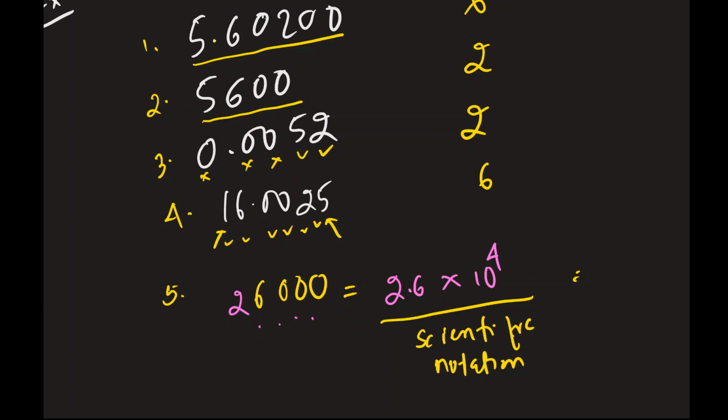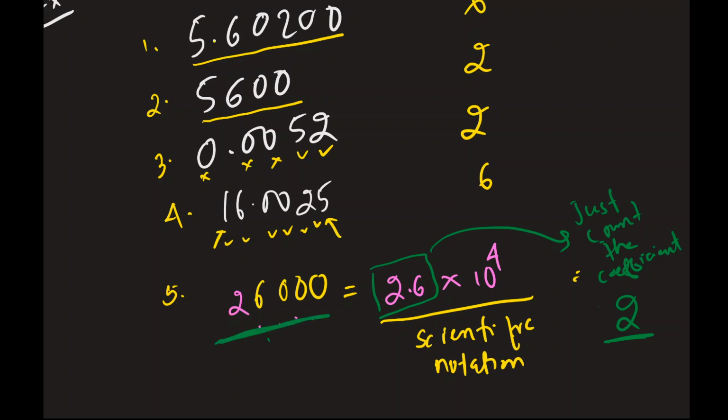So how many sig figs do we have in the scientific notation? In scientific notation, we only look at the coefficient. So just count the coefficient. In this case, how many sig figs are we going to have? The answer is 2. How many sig figs did we have in the beginning?